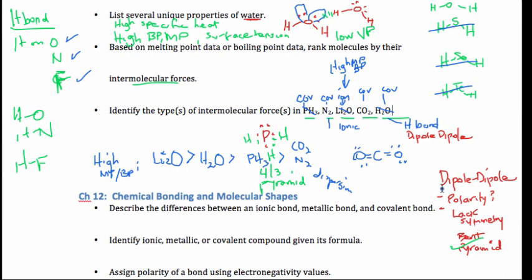That's the PH3. And then the other 2 compounds are nonpolar, and they would have dispersion forces only, which is nitrogen gas and CO2 gas. And that becomes our rank list here. It's a little hard to see, of sorting them out this way.